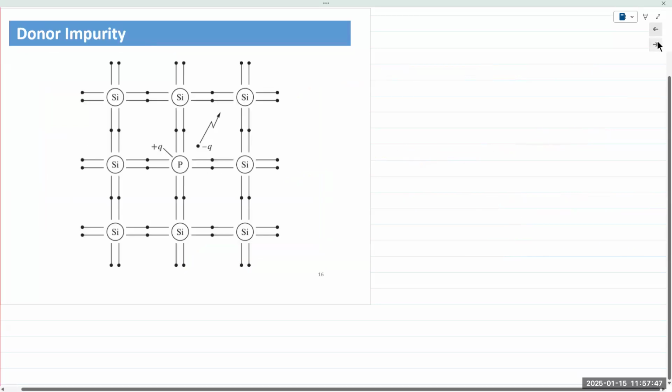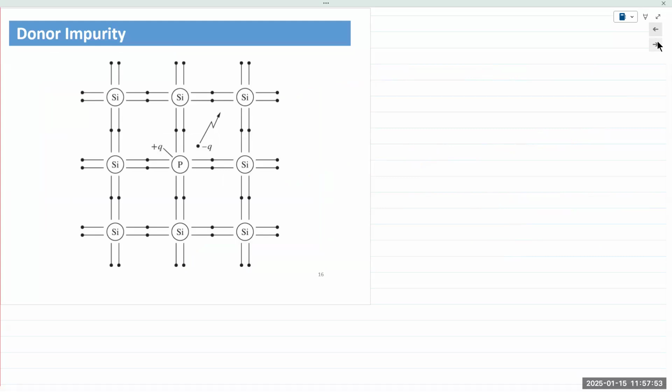But here's what happens. You have column 3 elements, you have column 5 elements, right? Column 5 elements have 5 electrons in the outermost shell. If you introduce one into a silicon lattice structure, it is going to displace a silicon atom. Remember, this is a general discussion about semiconductors, but for the most part, I'll just refer to silicon.